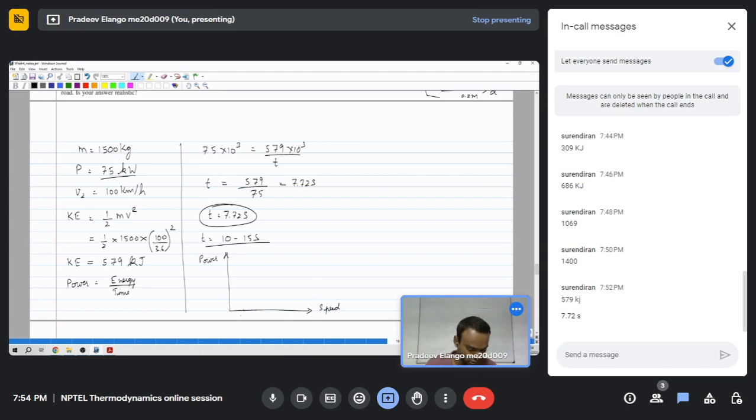Say this is 1000 rpm and somewhere it is 6000 rpm, and maybe at 5000 rpm it can deliver a maximum power of say 75 kilowatt. So at all other times it cannot deliver 75 kilowatt. Because of this, realistically it cannot be 7.72 seconds. It will always be more than this value.